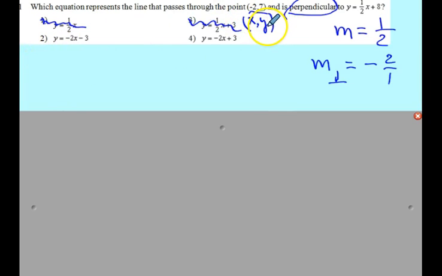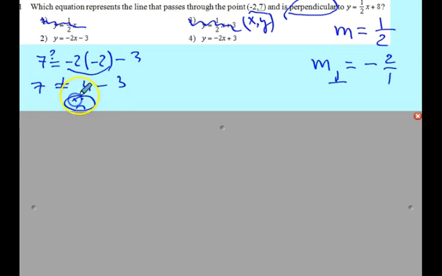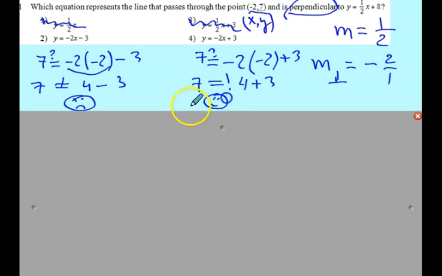Just don't confuse substitution for y. It's the first value you see, so don't accidentally pick the first value in your point. Okay, so we just found our solution, that is choice 4.